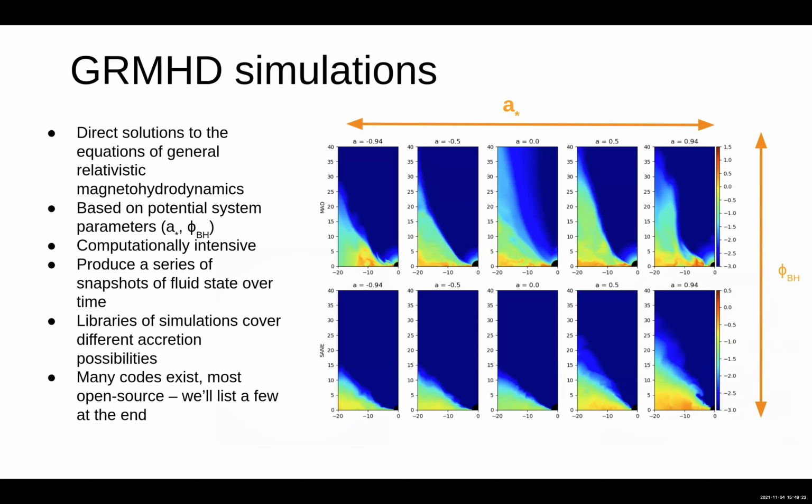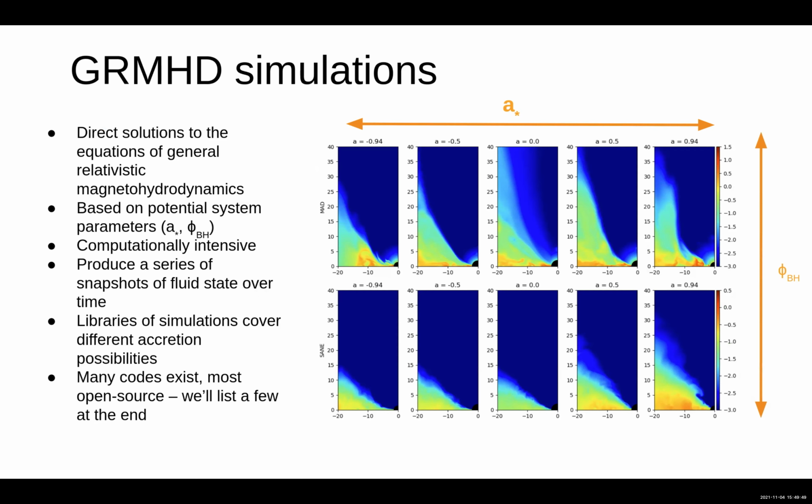All right, so this generally starts with GRMHD simulations, which are direct forward evolution of the equations of general relativistic magnetohydrodynamics, and, at least for EHT purposes, have generally been run in libraries over the black hole spin parameter, this A star, which we range from -1 to 1.